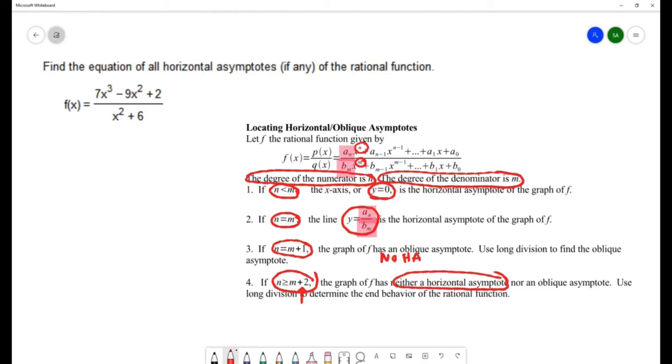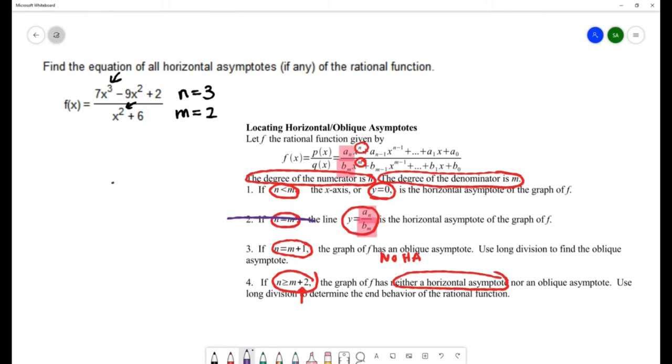So looking at the numerator, I can see that the highest power on x is 3, so n is equal to 3. And from the denominator, the highest power of x is 2, so the degree of the denominator is 2. So if we look at these, we can definitely rule out case 2 because they're not equal to each other.